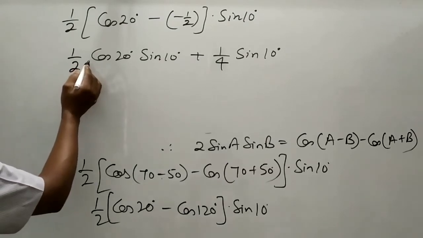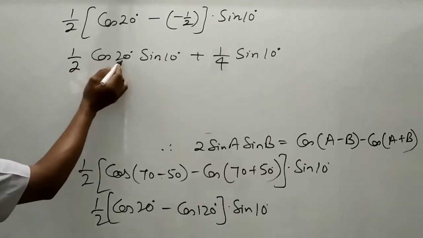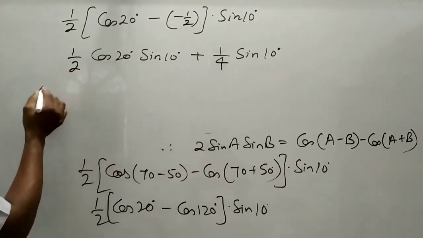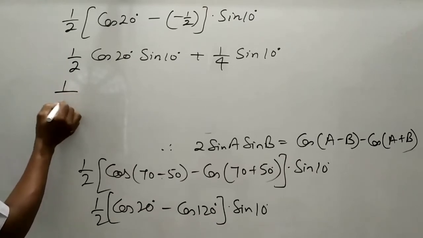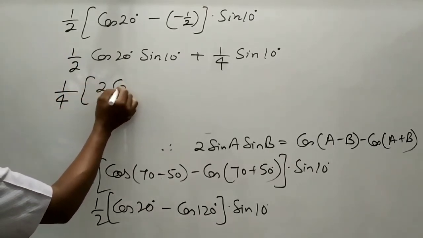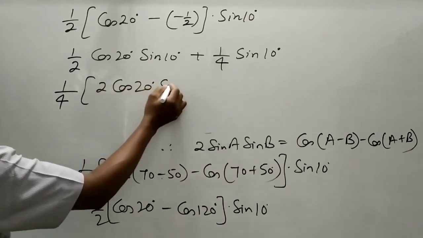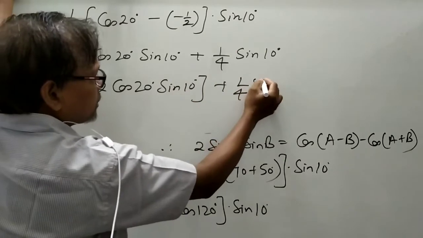Again you can use the formula 2 cos A sine B, क्योंकि यहाँ पे cos और A is greater than B, तो you can use. But before that you have to multiply and divide by 2. So it will be 1 by 4, and in the bracket 2 cos 20 sine 10, plus 1 by 4 sine 10.